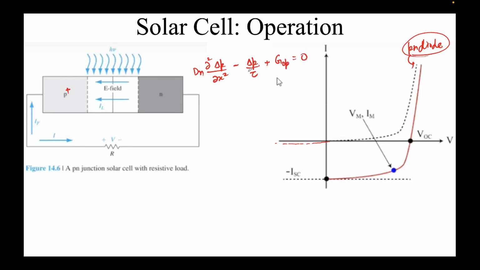This has to be in steady state. And in which region am I writing this expression? I'm writing this in the quasi-neutral region of n. On this side, I'm writing this expression.